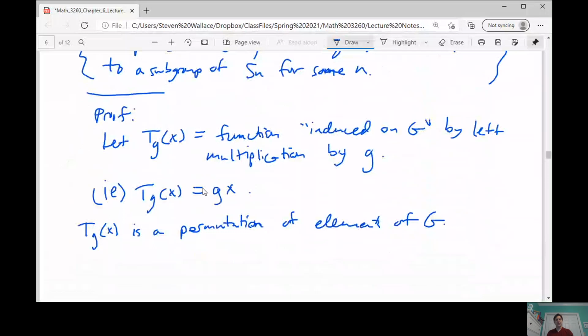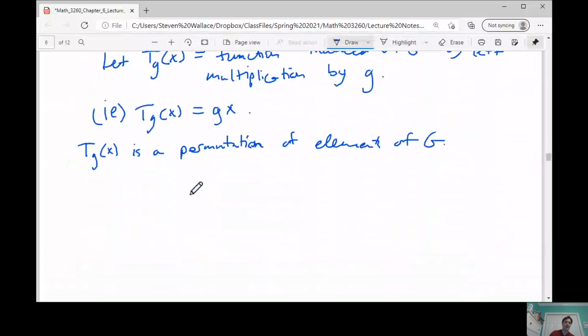Well, if it's a finite group, this is pretty clear because we've seen on the Cayley tables that every row and every column is like a Sudoku puzzle, right? So each row and each column is a permutation of the elements of the group. Now, if it's a non-finite group, that's a little harder to justify. So we have to be more formal with that.